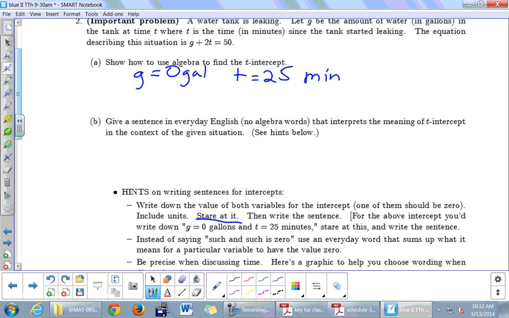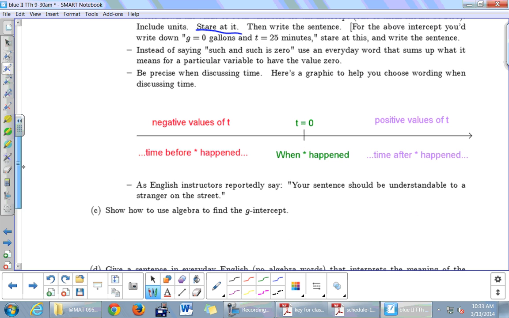There are a lot of ways you can say it without putting the 0 in the sentence. So generally what you want to do is you don't want to put the 0, you want to put some other regular English word that captures what's happening. And I want to say something else. They also got this key phrase here, after, definitely that's important, the tank started leaking. You can't just say 25 minutes later. You got to tell me later than what, right? 25 minutes after something happened. All of this stuff is with reference to a particular event.